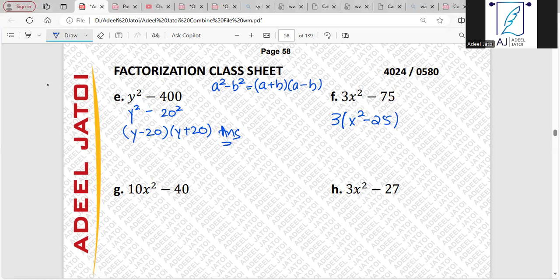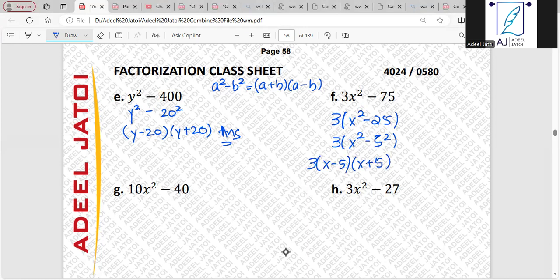Whenever there is no square, like here, we take a common factor, in this case 3. Now we have 3 times x square minus 5 square, and x square minus 5 square becomes x minus 5 and x plus 5.